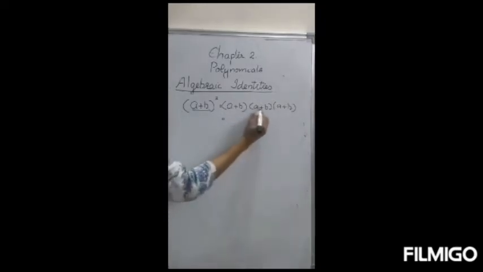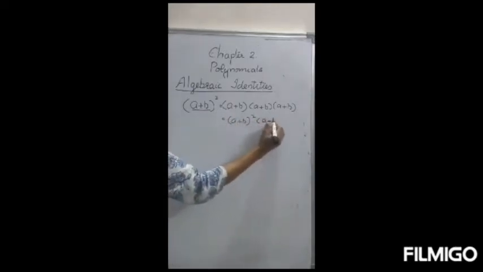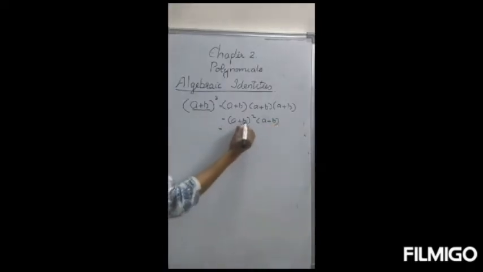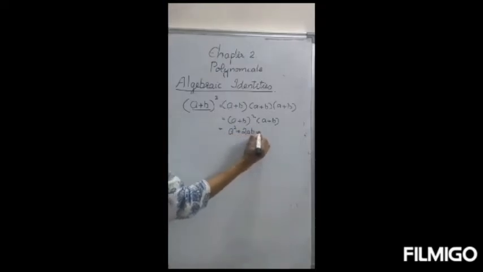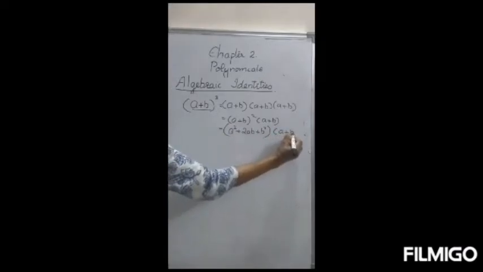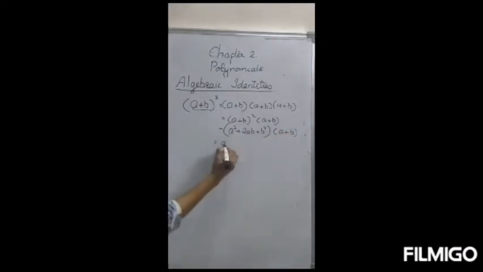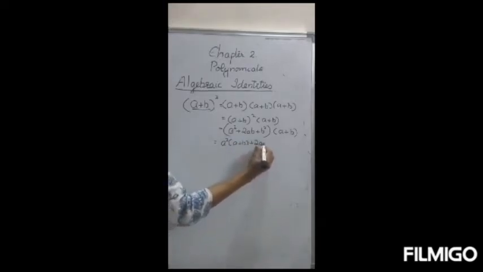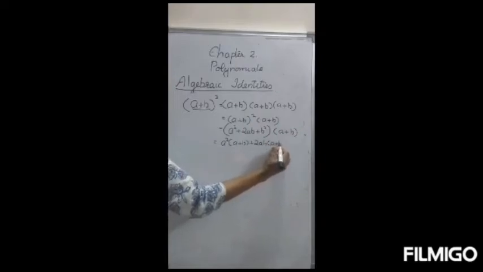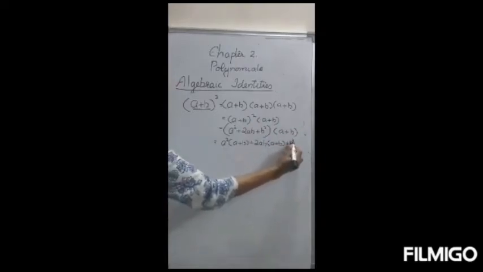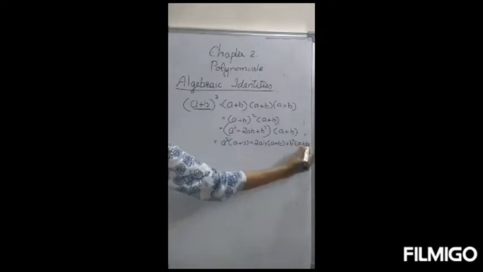Now we know (a plus b) into (a plus b) equals (a plus b) square into (a plus b). Now we know the identity (a plus b) whole square equals a square plus 2ab plus b square, into (a plus b). That is a square into (a plus b) plus 2ab into (a plus b) plus b square into (a plus b).